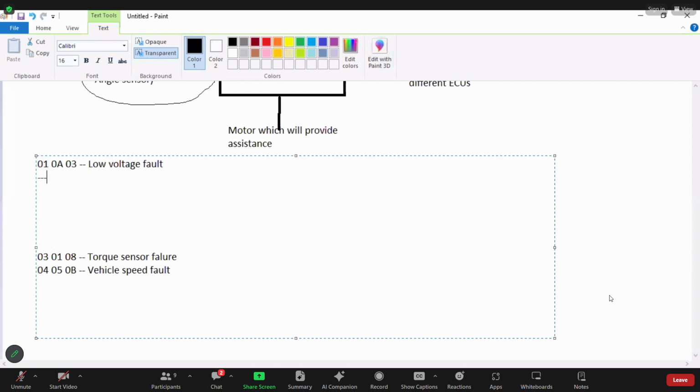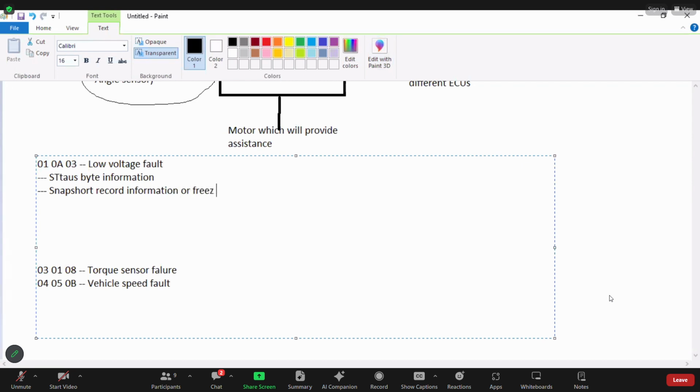Now, along with this DTC, the status byte information, snapshot record information or freeze frame record information, and extended data record information will also be stored.